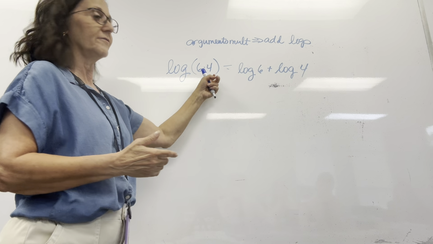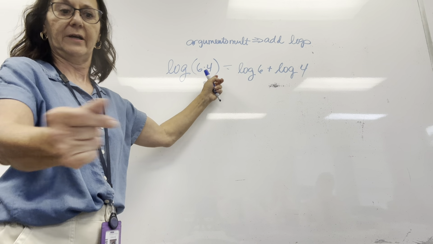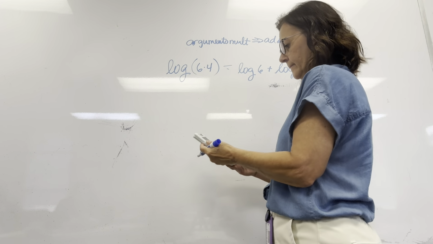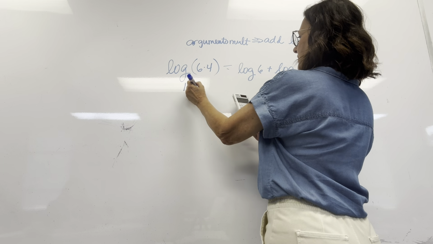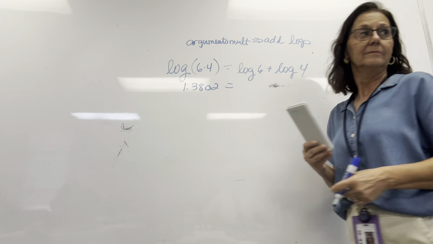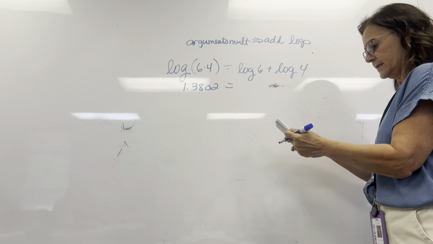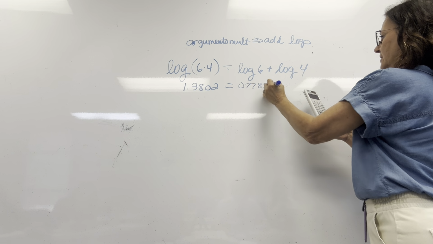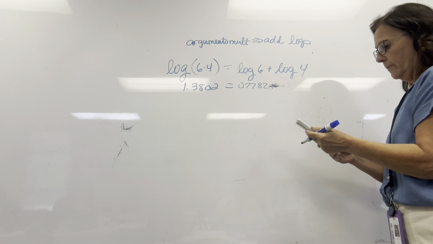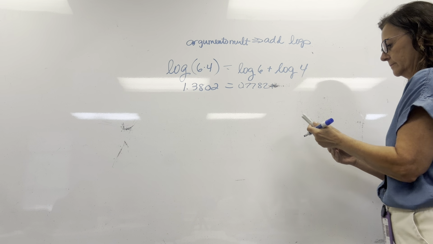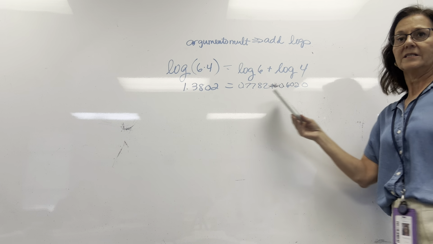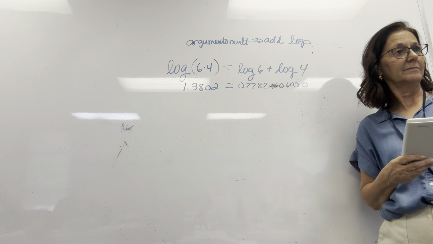So if you did the log of 24 in your calculator, everybody do it. Log of 24. You get 1.3802. Does that equal the log of 6, 0.7782 approximately, plus the log of 4? It does.